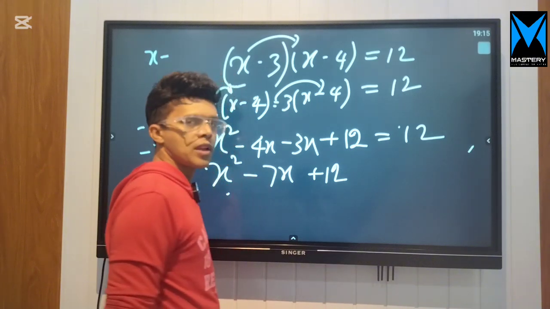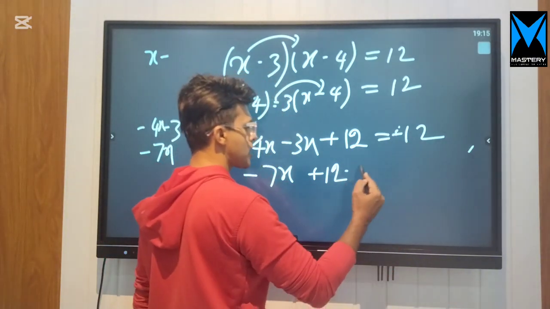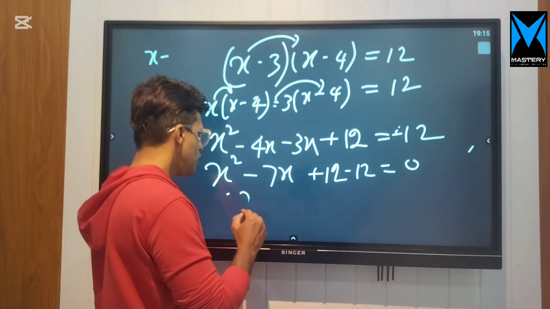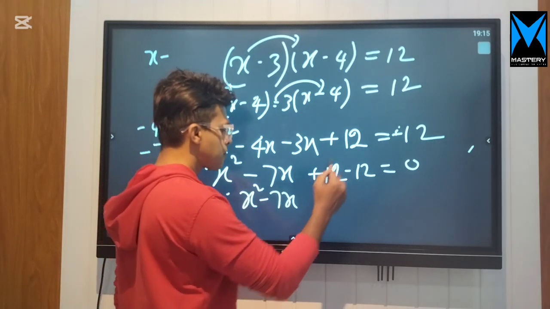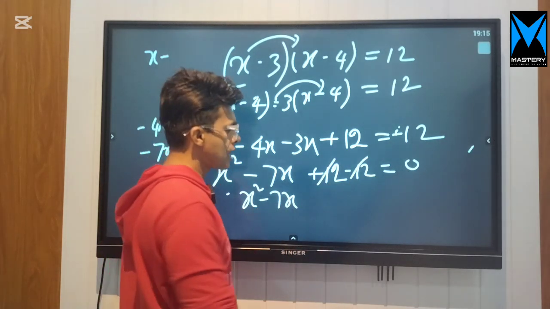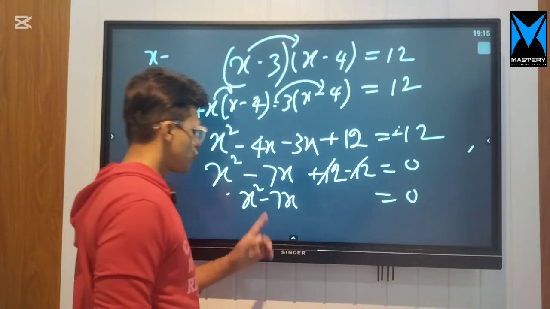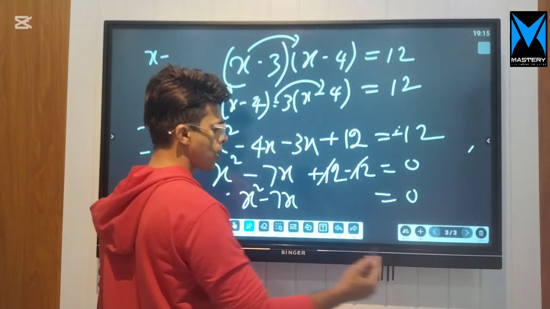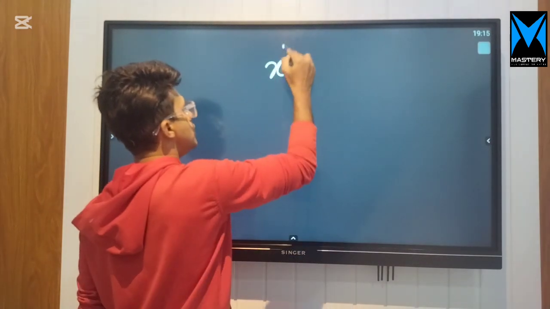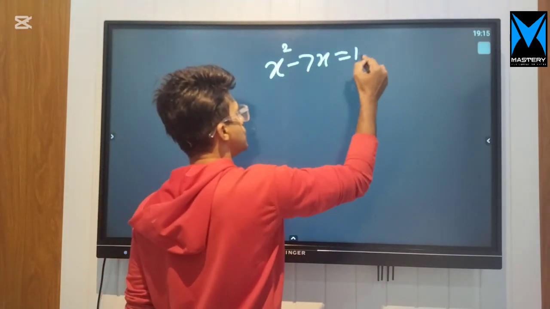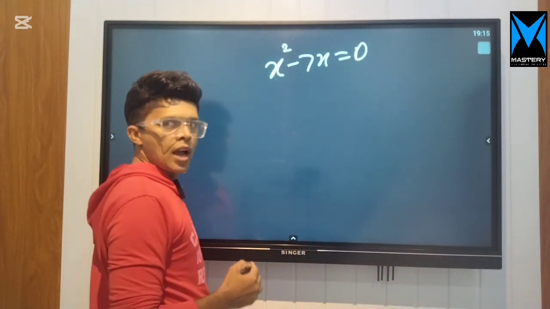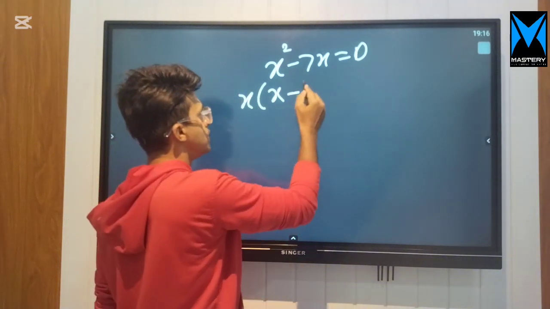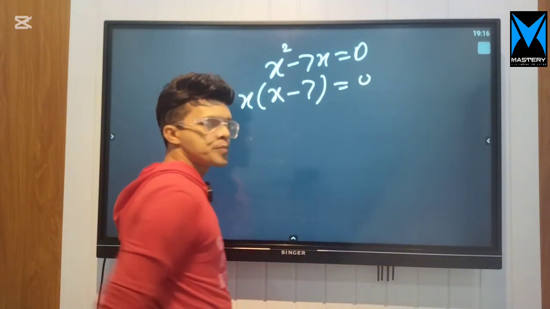Then the plus 12 is brought to the left side, so it becomes minus 12. Plus 12 and minus 12 cancel out, so we have x squared minus 7x equals 0. Now we can take x as the common term. So x into (x minus 7) equals 0.